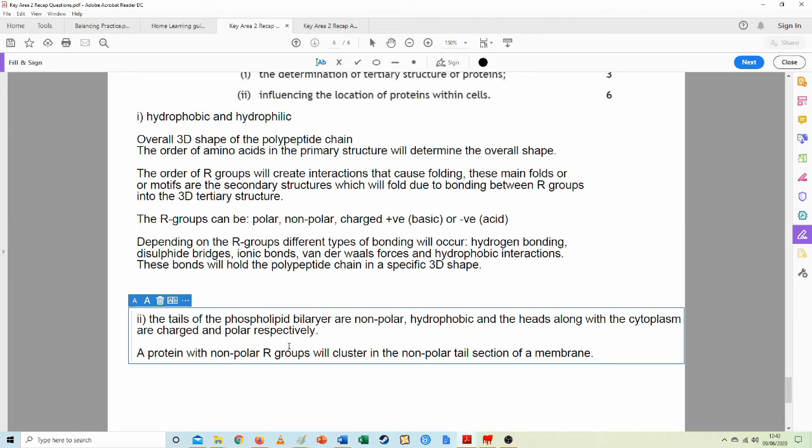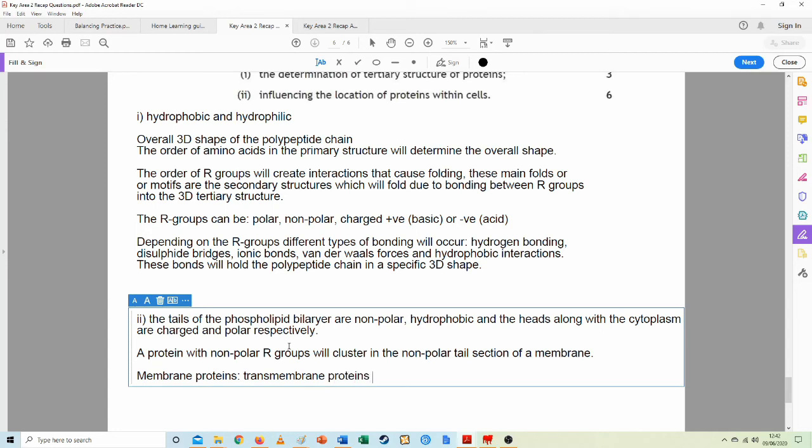Okay, so now I'm thinking about membrane proteins. And if you remember, we've got transmembrane proteins and, did I spell that right? Peripheral. Let's check, it'll be in the marking scheme.